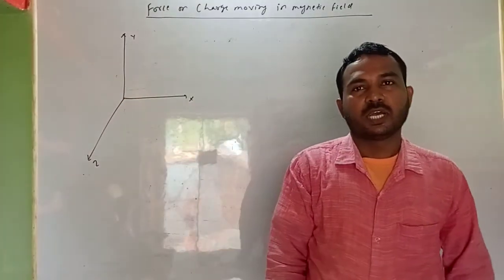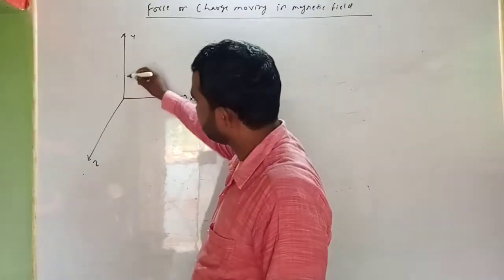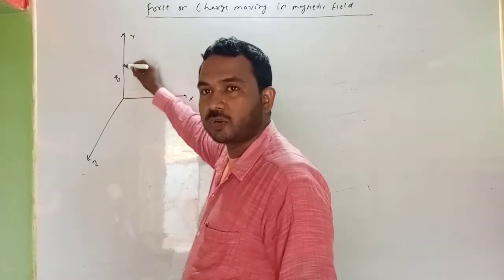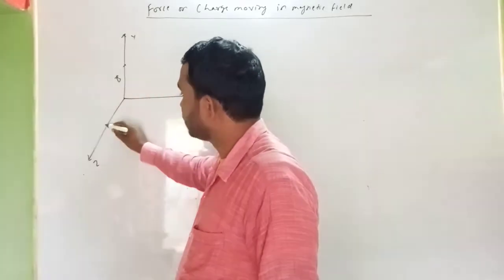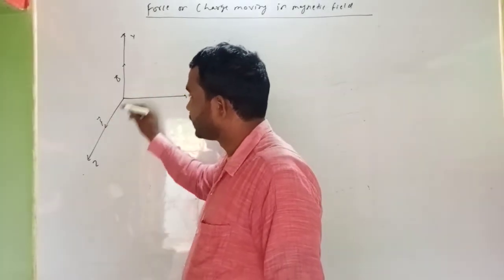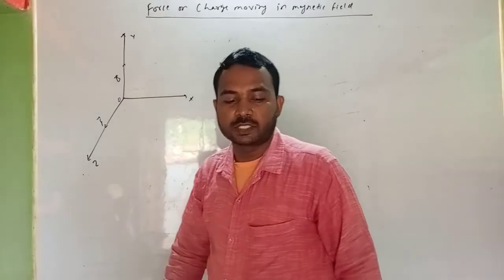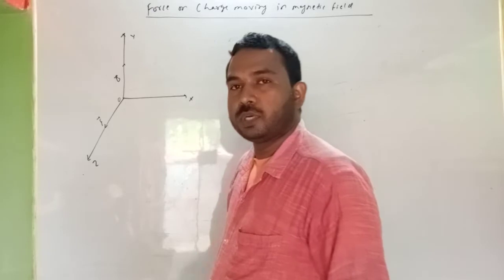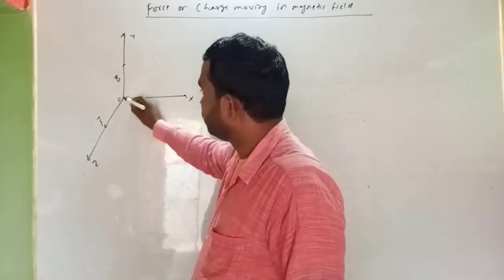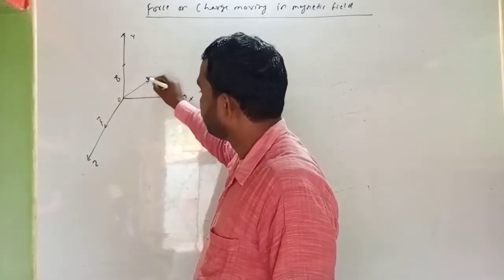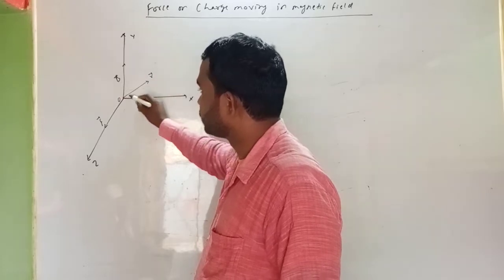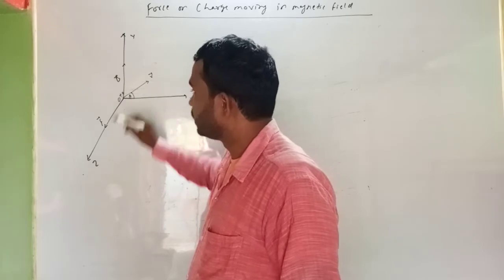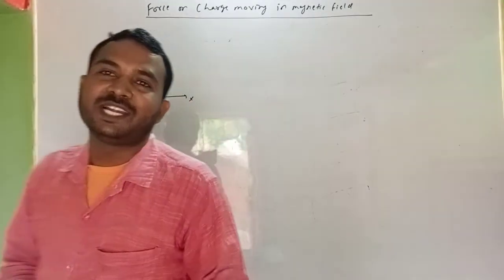And suppose the magnetic field B acts along the y-axis and F is the force experienced along the z-axis. And suppose the charge has velocity v, and here is the angle theta, and suppose the charge plus q moves in the magnetic field.